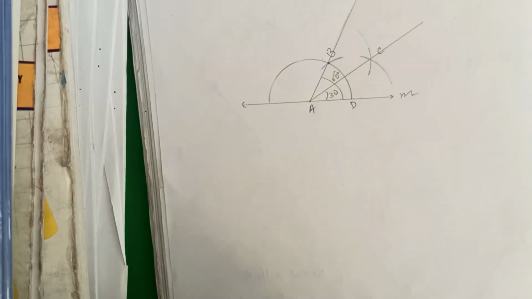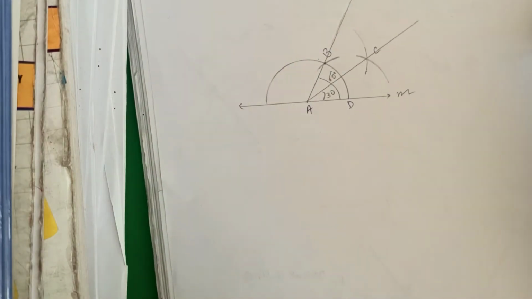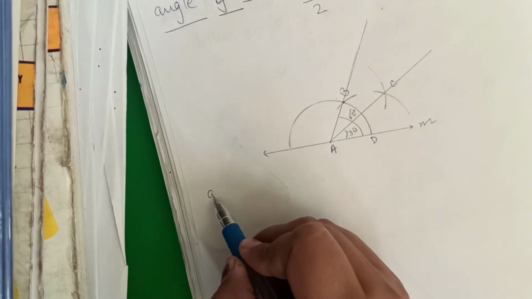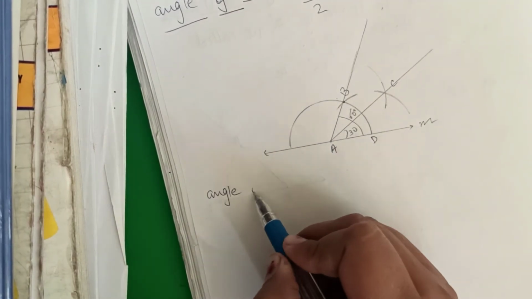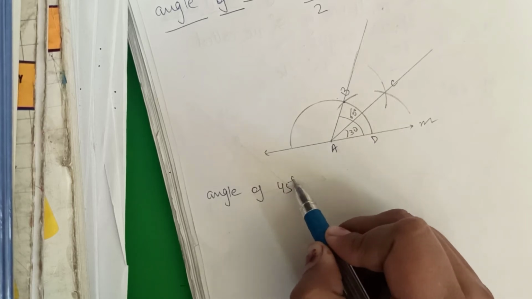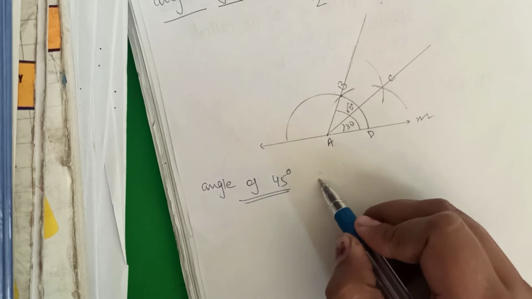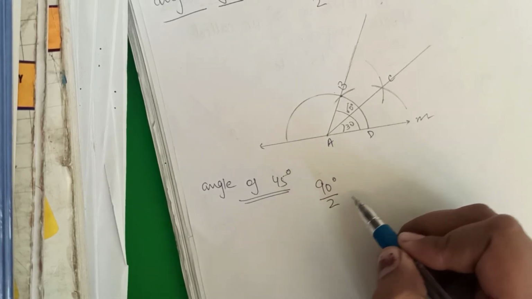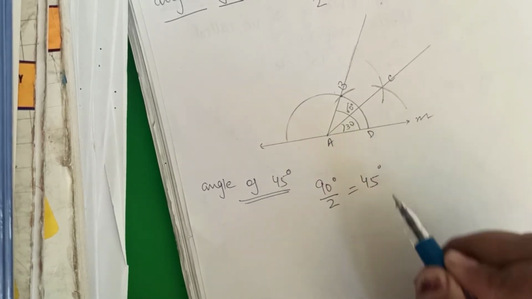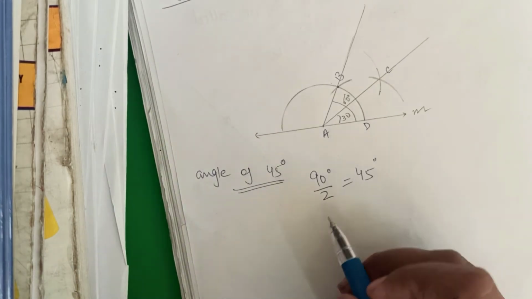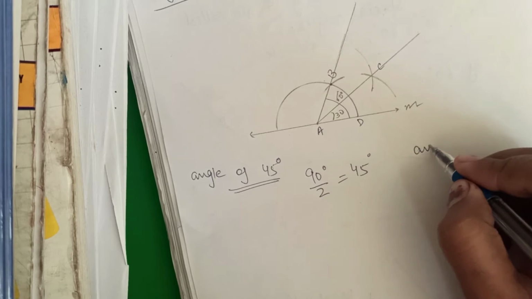Now see how to construct angle of 45 degree. For 45 degree, we know 45 is half of 90. But for that, firstly we have to draw the angle of 90 degree.